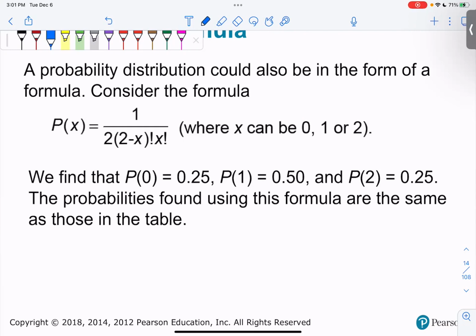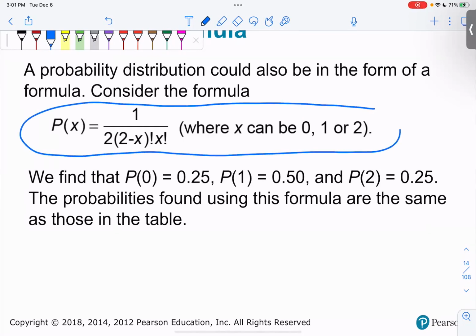This is a formula for a probability distribution. So we want to make sure about the 3 requirements, right? If it is a probability distribution or not. So how many values of our random variable do we have? 3 values, 0, 1, and 2, right?